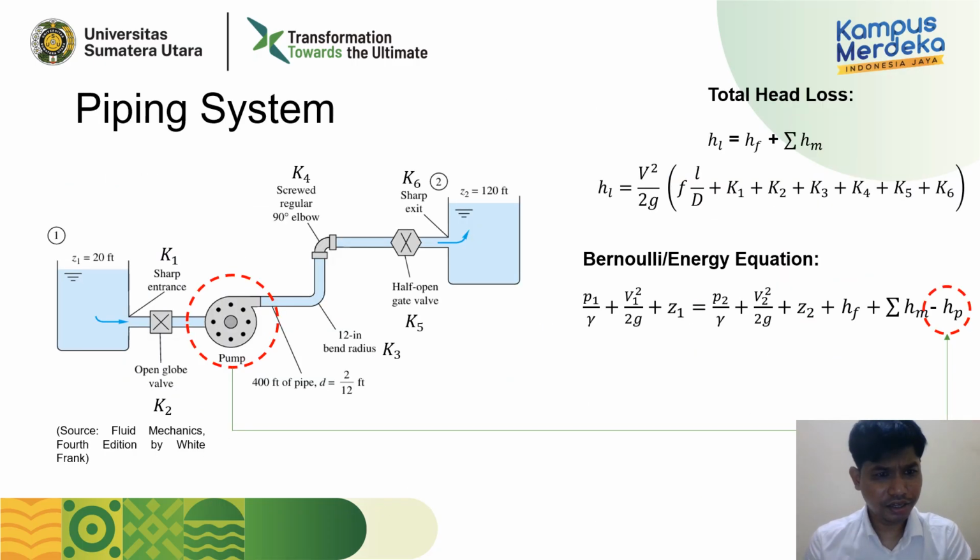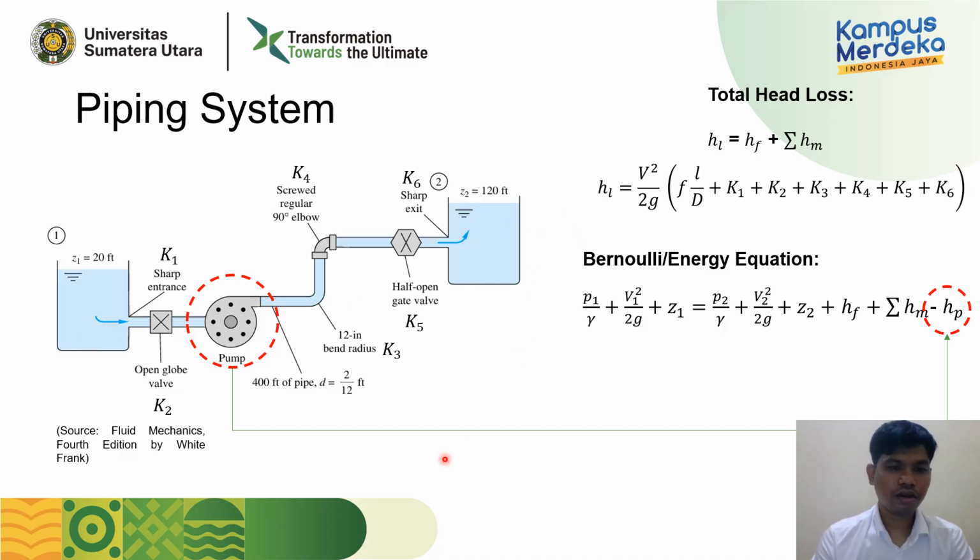This is an example of a piping system. We want to flow the fluid from this position to this position. This is the piping system, and we use a pump since the position of this first tank is lower than the position of the second tank.